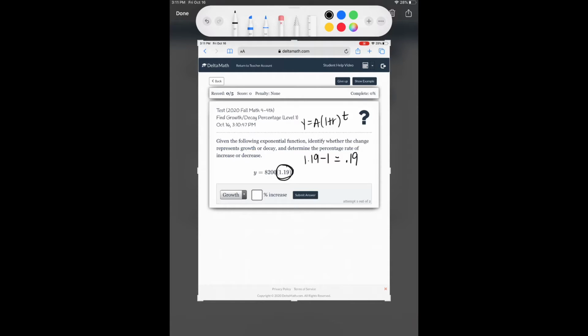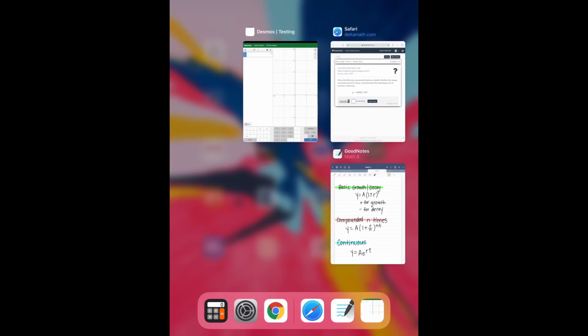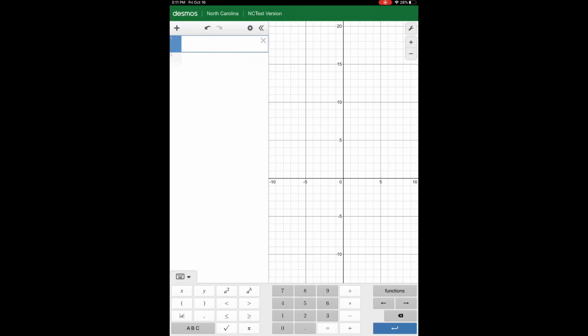Okay? If you want to plug that into Desmos, you can. Once I plug that into Desmos, I could do 1.19 minus 1, and I get 0.19. Now I need to turn this into a percentage.